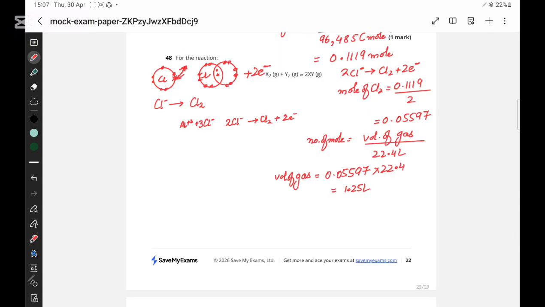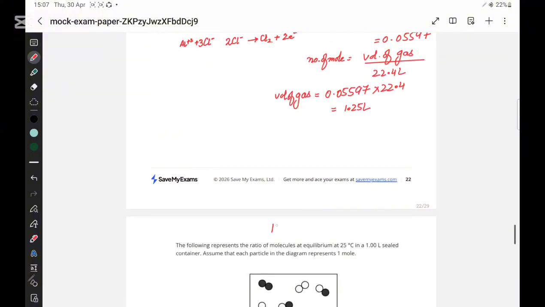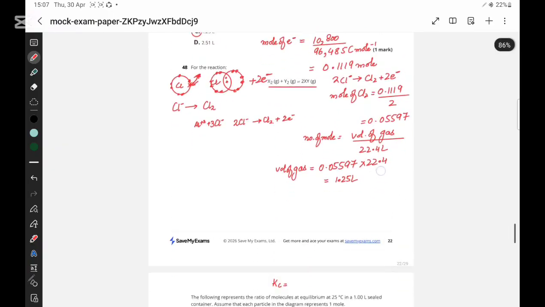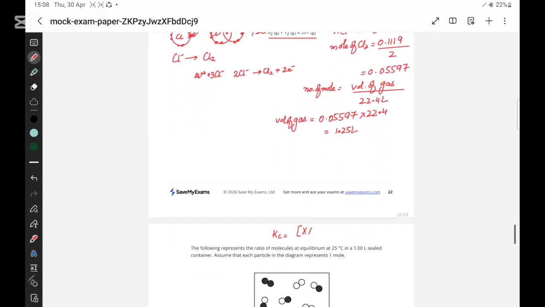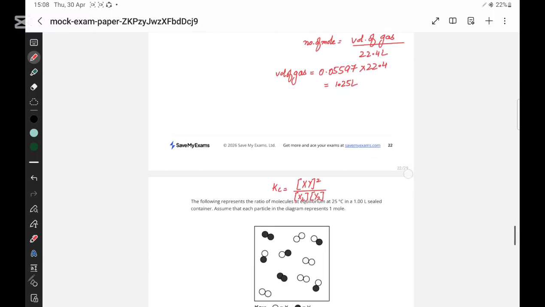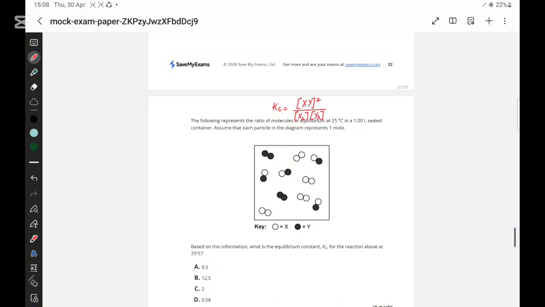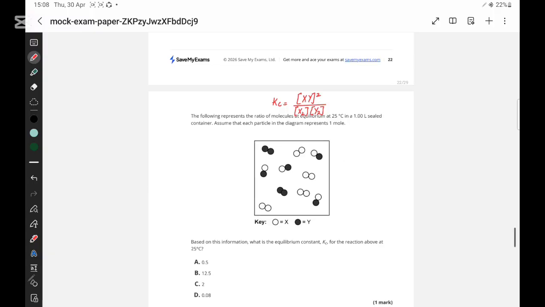For the next question, we have an equation: X2 plus Y2 forms 2XY. When we write the Kc of this equilibrium, it is going to be XY squared over X2 times Y2. Now let's see how many XY there are: 1, 2, 3, 4.